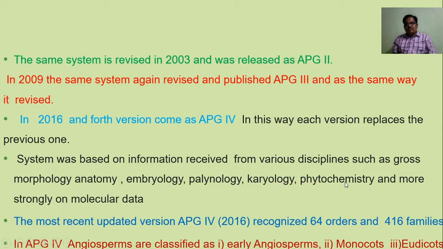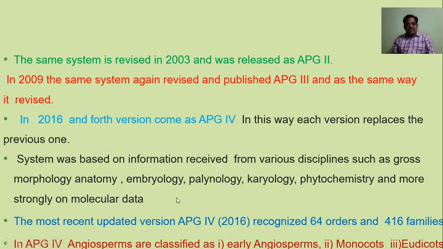Phytochemistry means what? It is the chemicals that are present in plants, especially alkaloids, tannin and resin present in the plants. Everything is discussed in phytochemistry, and more strongly it is concentrated on molecular data.